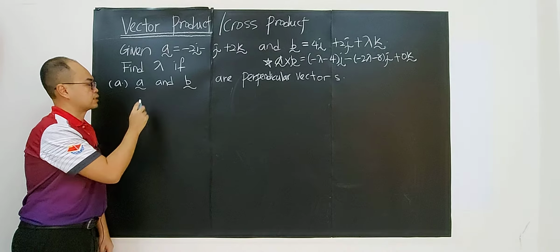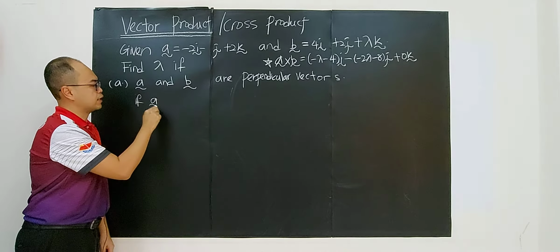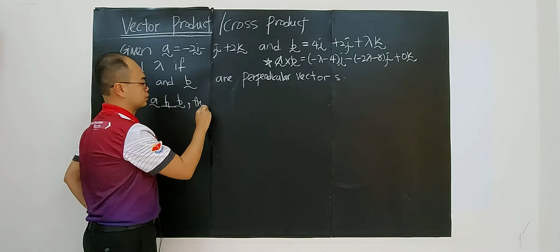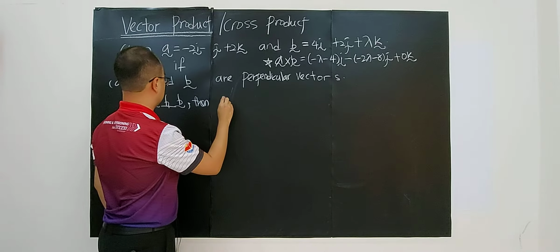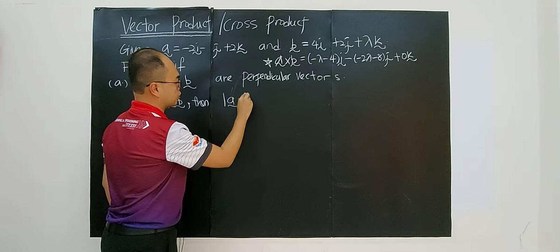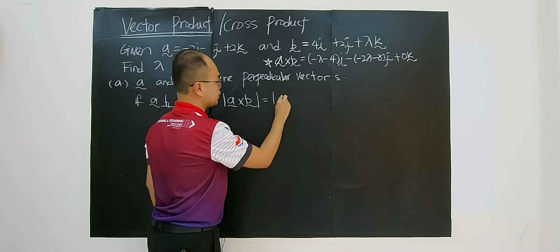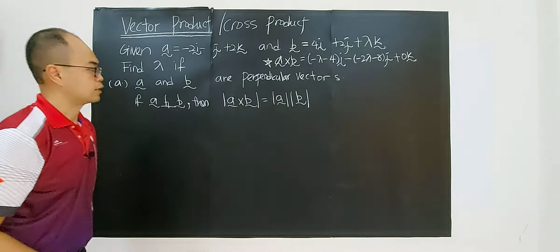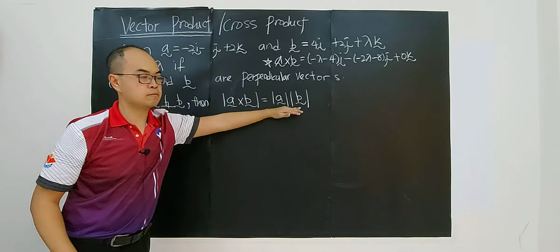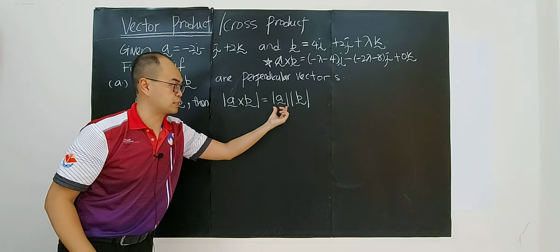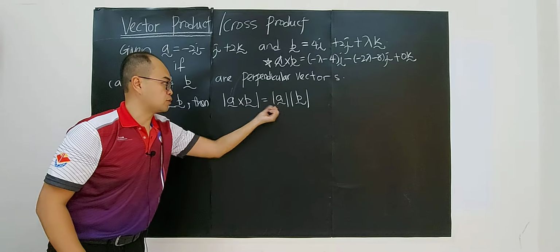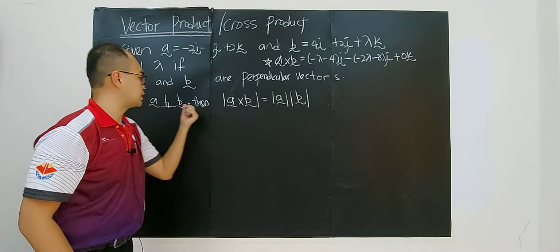The vector product says that if vector A is perpendicular to vector B, then the magnitude of A cross B will be the same as the magnitude of A multiplied by the magnitude of B. As long as these two are the same after multiplying, that means these two vectors are perpendicular, based on the definition.